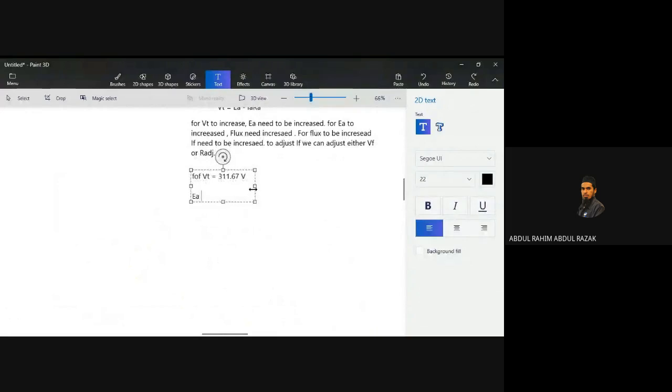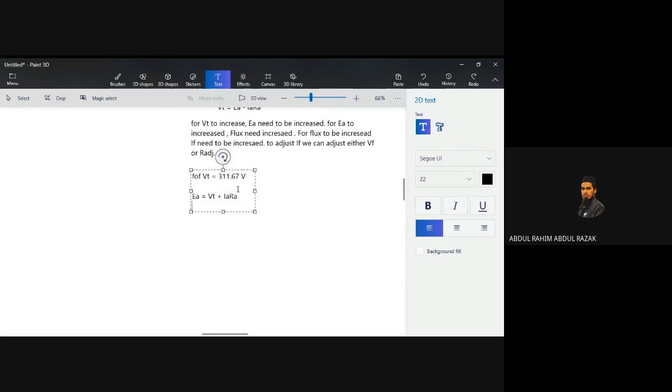So this one, at this moment, EA is equal to VT plus IA RA.